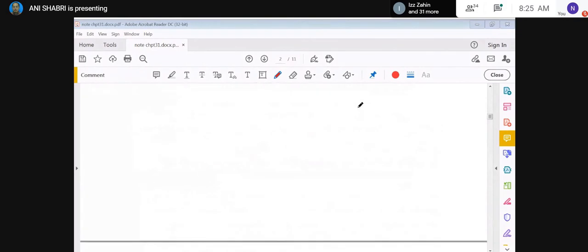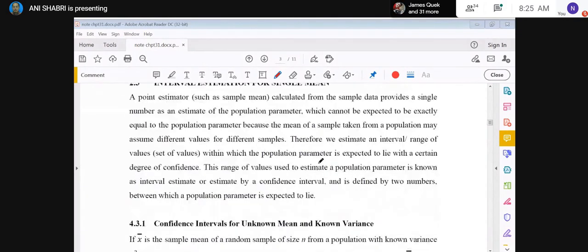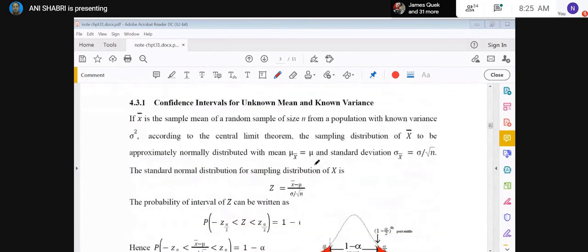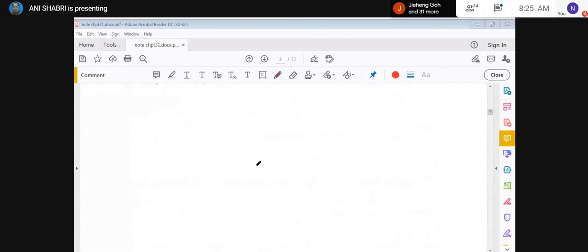Okay, we go to this one, interval estimate for single mean. Okay, we have three formulas here. The formula is related to chapter 2, sampling. We look at formula number 1.